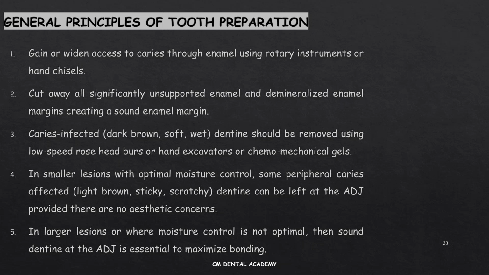In smaller lesions with optimal moisture control, some peripheral caries affected dentine, which appears light brown, sticky or scratchy, can be left at the amelodentinal junction, provided there are no aesthetic concerns. In larger lesions, or where moisture control is not optimal, sound dentine at the amelodentinal junction is essential to maximize the bonding.